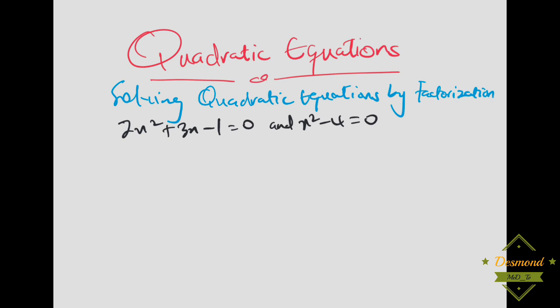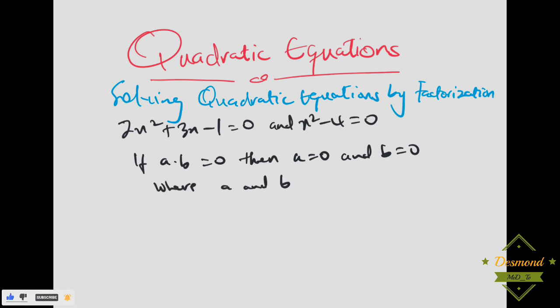So solving by factoring depends on the zero product property, which states that if a dot b is equal to 0, then a is equal to 0 or b is equal to 0, where a and b are real numbers or algebraic expressions.